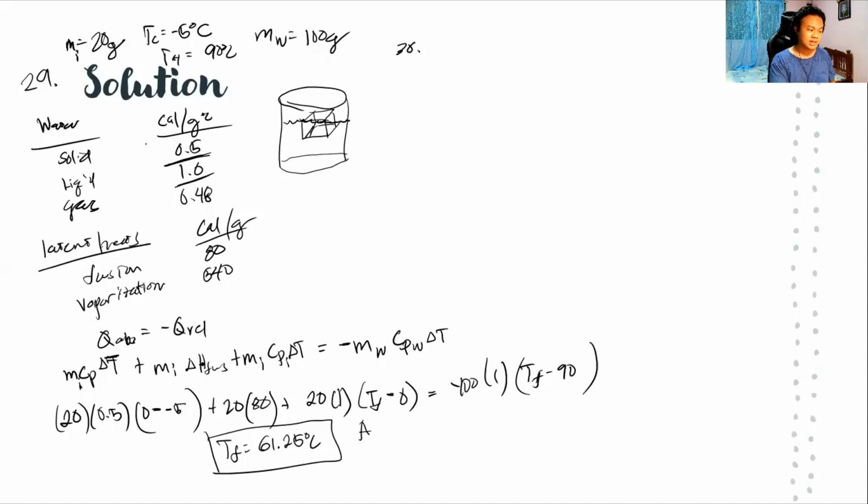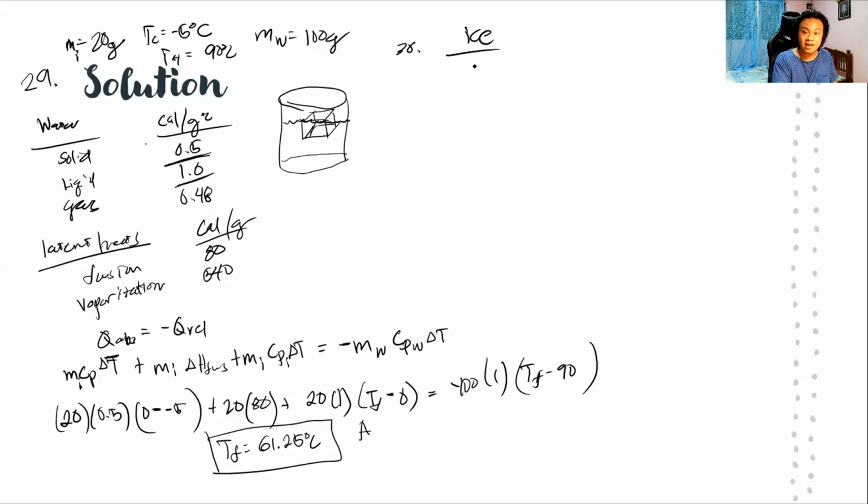I actually don't have a derivation for this, but we have to find the change in the entropy of both, di ba? The entropy of the water and the entropy of the ice. So memorize this equation. Memorize this equation.